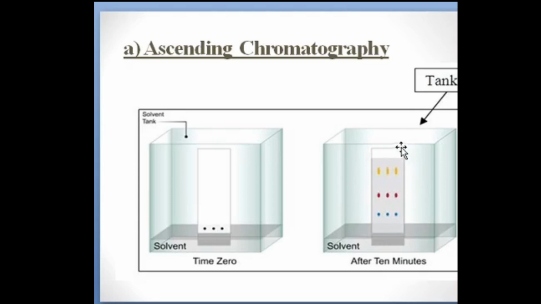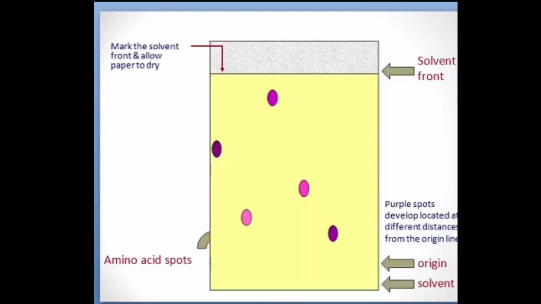Then after that, we take the paper out, and then we dry it. After drying, we stain it.